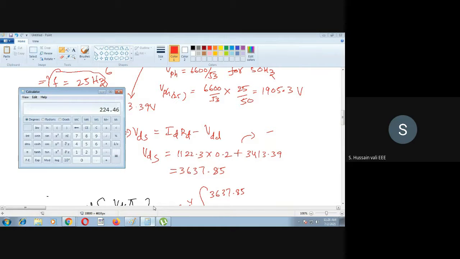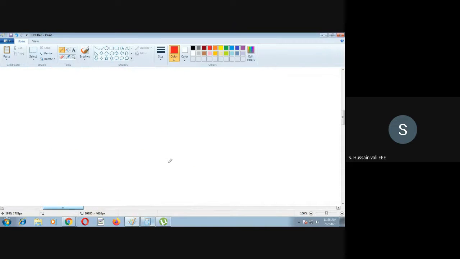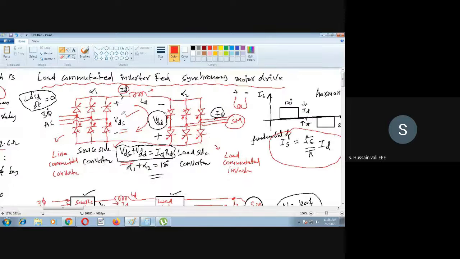Okay. Minus 3413.39. Okay. So you got 3188.93. So we can say this thing, that from the circuit, if you take that case, this voltage is lesser than this voltage. Am I correct or not? Yes, sir. So now the question is: practically, is it possible that this voltage is lesser than this voltage? No, it won't. Just imagine yourself.